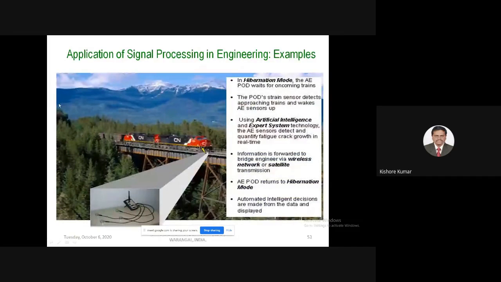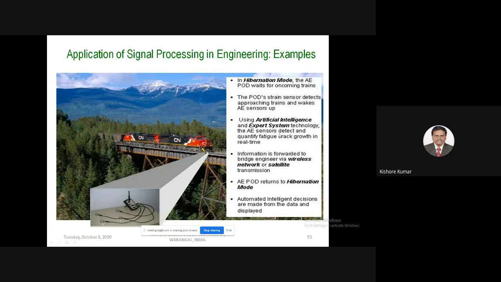Then another one is in bridges. When a train is going through the deep forest, they keep a sensor, and if the strength of the bridge is damaging, it will automatically give an indication remotely. This is using artificial intelligence and expert system technology.